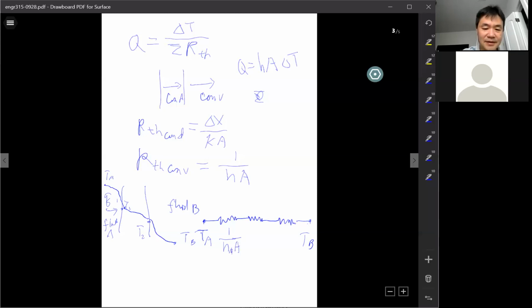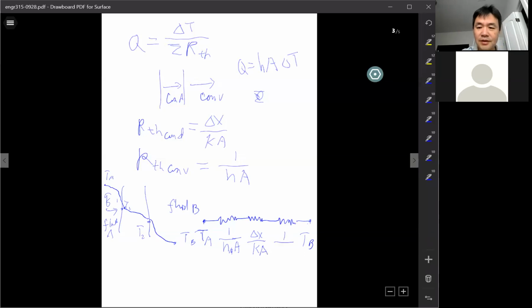Okay, the second part is solid, conduction: delta X divided by K A. This problem is easy. It's a Cartesian coordinate, not cylindrical, so the cross-section area is the same. It will be simple in calculation.